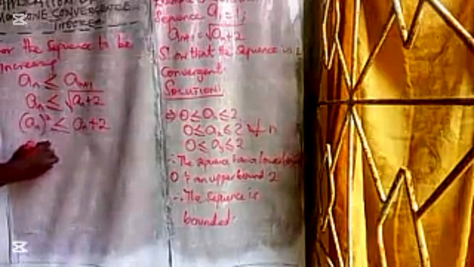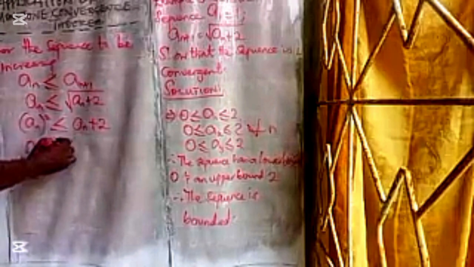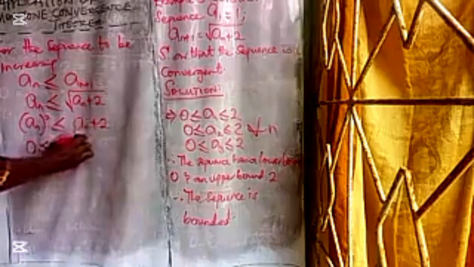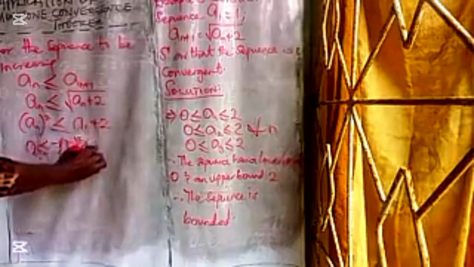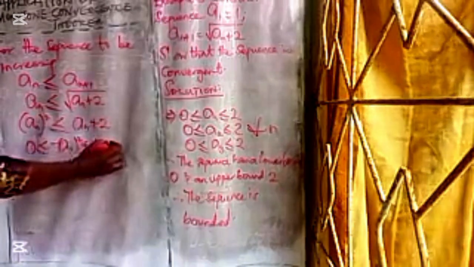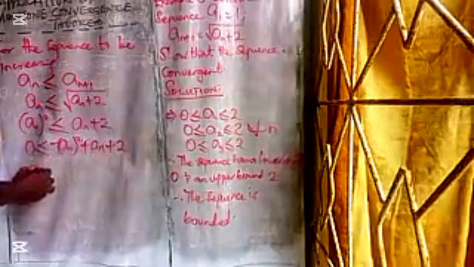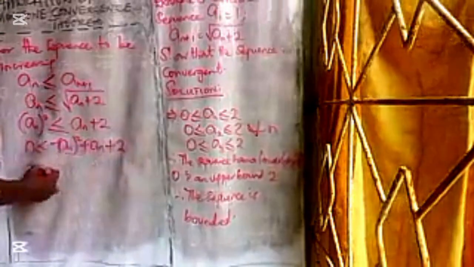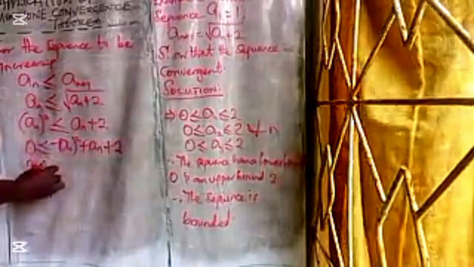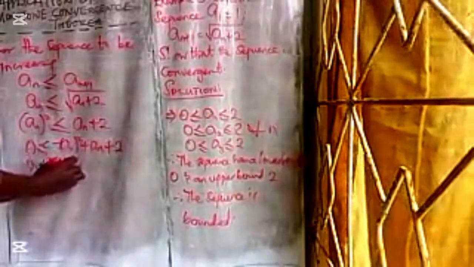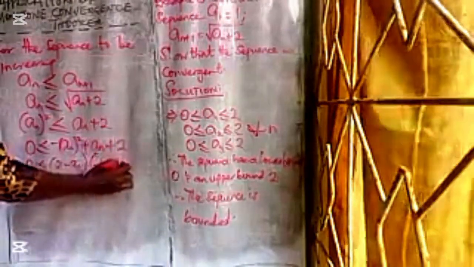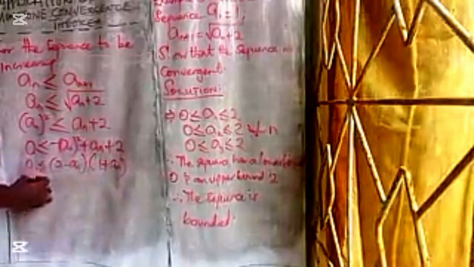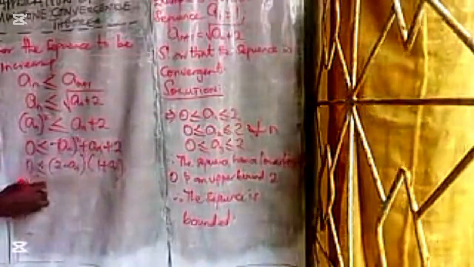That means that 0 is less than or equal to minus a_n squared plus a_n plus 2. And by the time we factorize this, 0 will be less than or equal to 2 minus a_n times 1 plus a_n. And that implies that what?